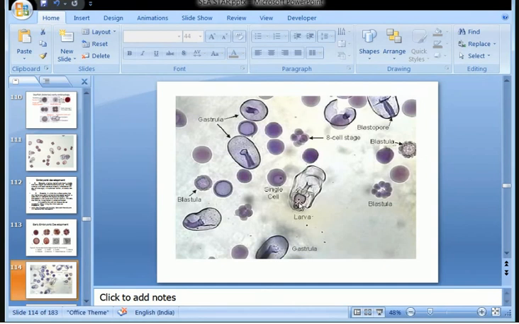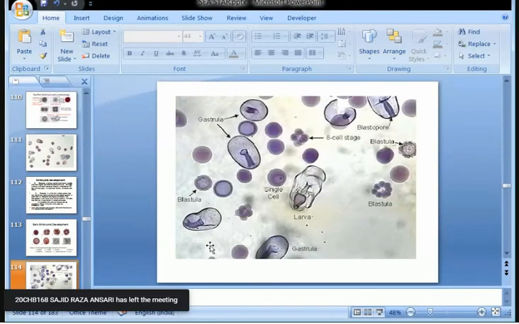Here you see the gut has started forming, and this is the larval stage, the early larva, and then the next stage, the late larva, and then the juvenile that develops, and from that juvenile that grows, the organs mature, and reproductively mature adults are formed.